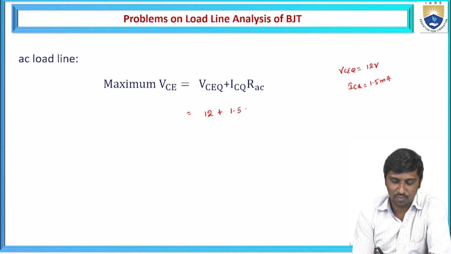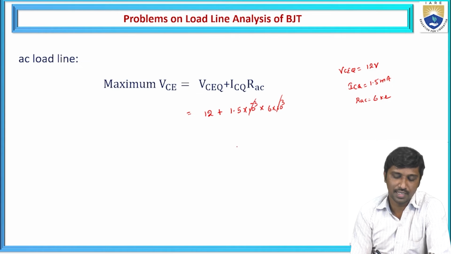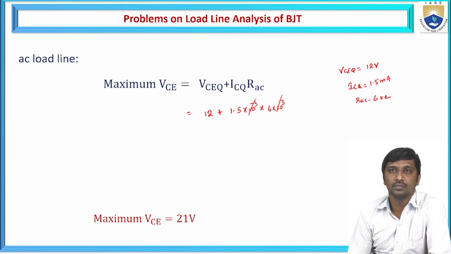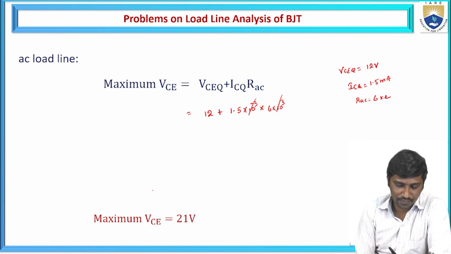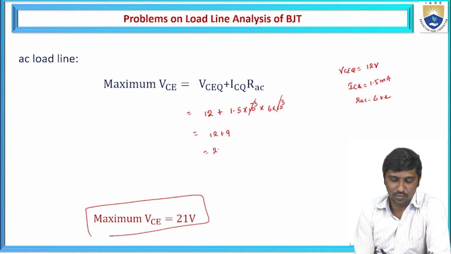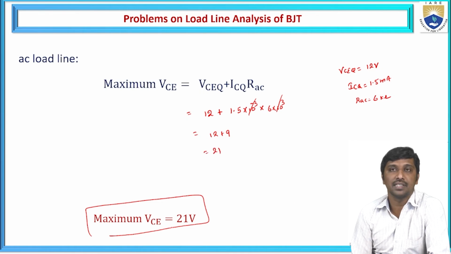So 1.5 into 10 to the power of minus 3, and RAC is 6 kilo ohms, which is 6 into 10 to the power of 3. The 10 power 3 and 10 power minus 3 get cancelled. Solving this, it means 12 plus 9. That is the reason the maximum VCE is 21 volts.